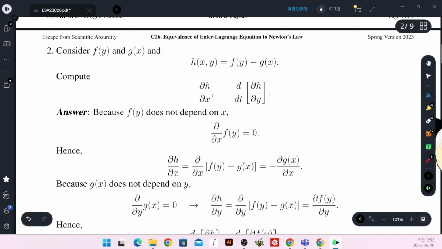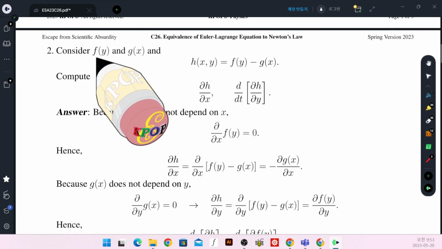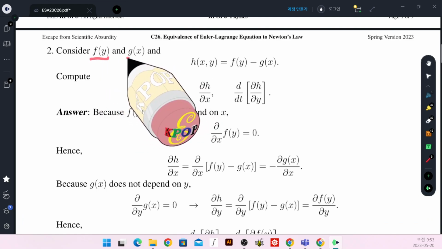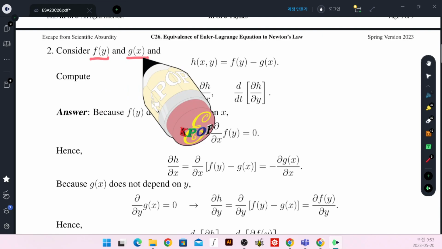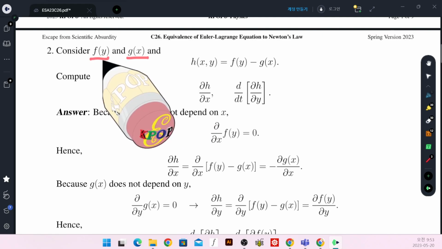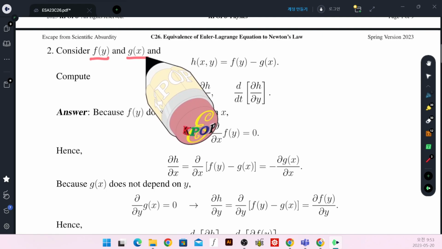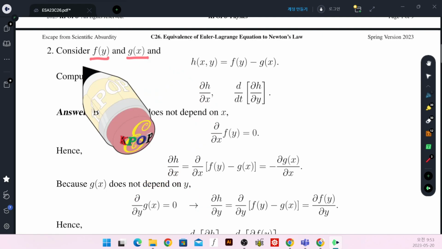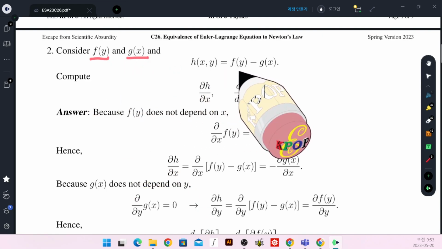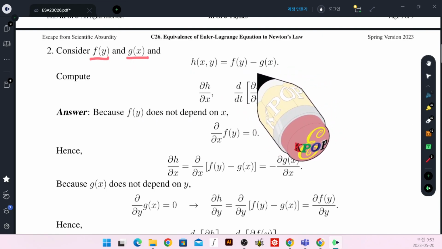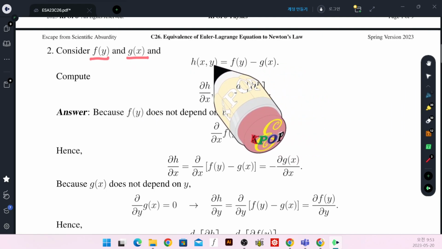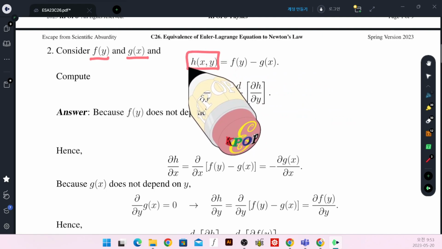So we consider a little bit of math. Consider a function f of y and a function g of x. The function f does not depend on x, and the function g is not dependent on y. We define the function f of y subtracted by g of x, and this is defined as a two-variable function called h.